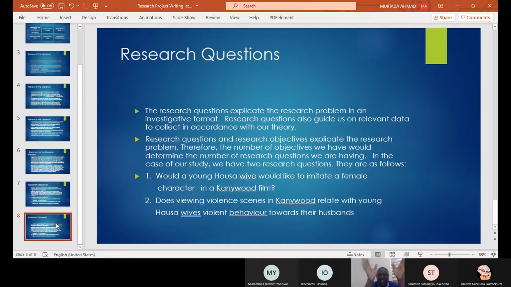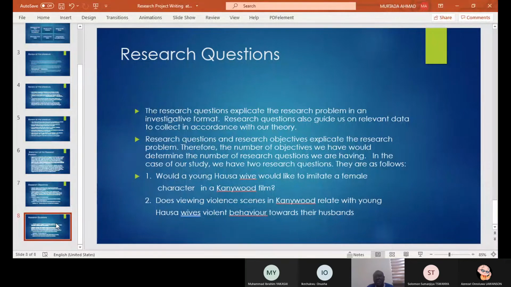The research question itself comes from the literature, even though we have mentioned that it is part of the problem statement. In some journals, when you read, you just read the problem statement, and the next thing you see is just the research questions following it. So research question and research objective explicate the research problem.